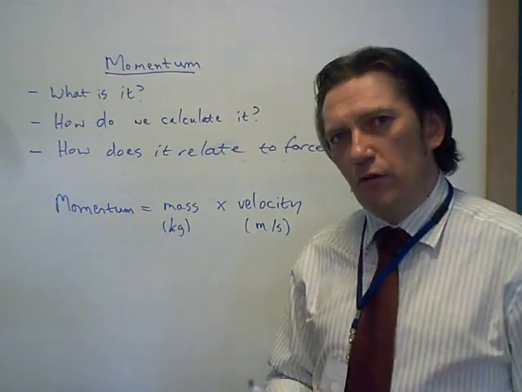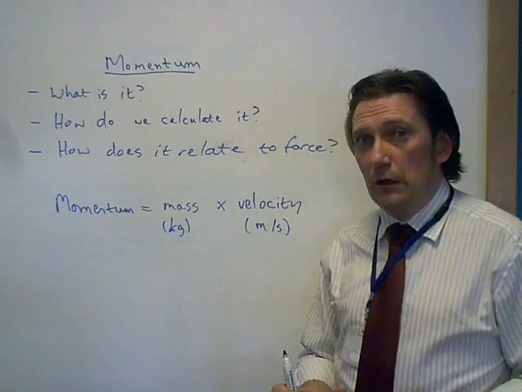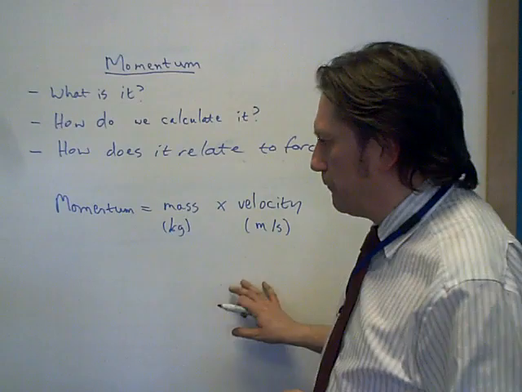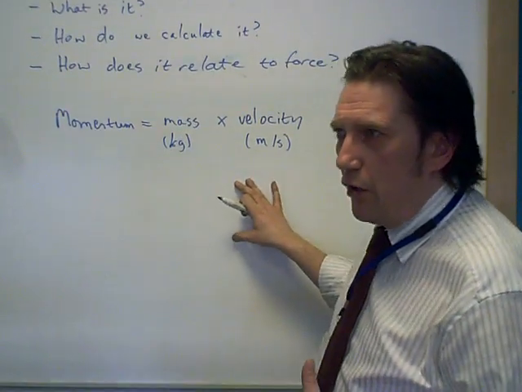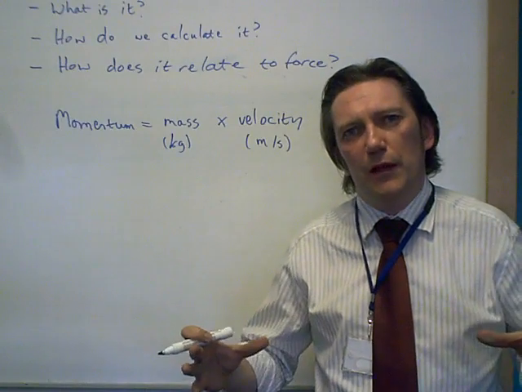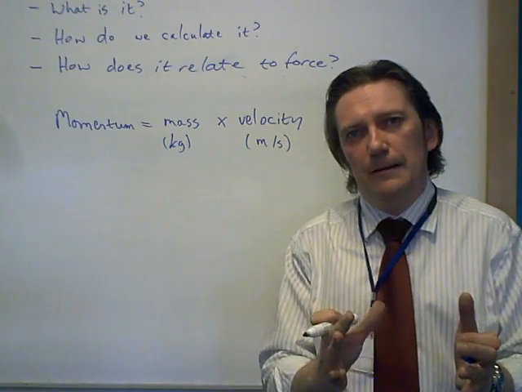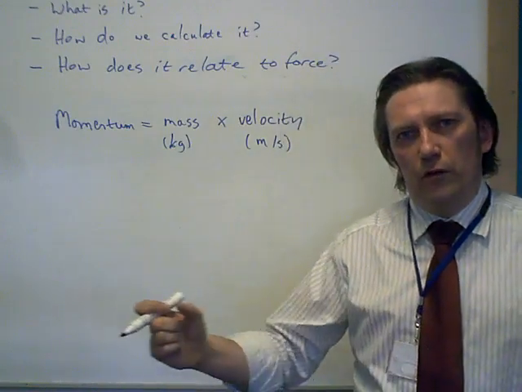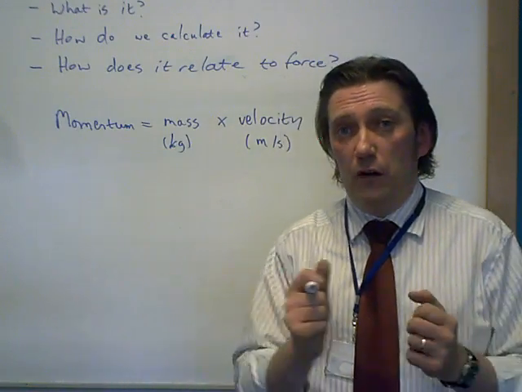Now there's another equation related to momentum that's very useful. And this is one that car designers use whenever they bring in crumple zones. That's the reason why there are crumple zones in cars. A crumple zone is a part of a car that's designed specifically to crush with an impact. And the reason it crushes is to spread out the time that the momentum is changing.